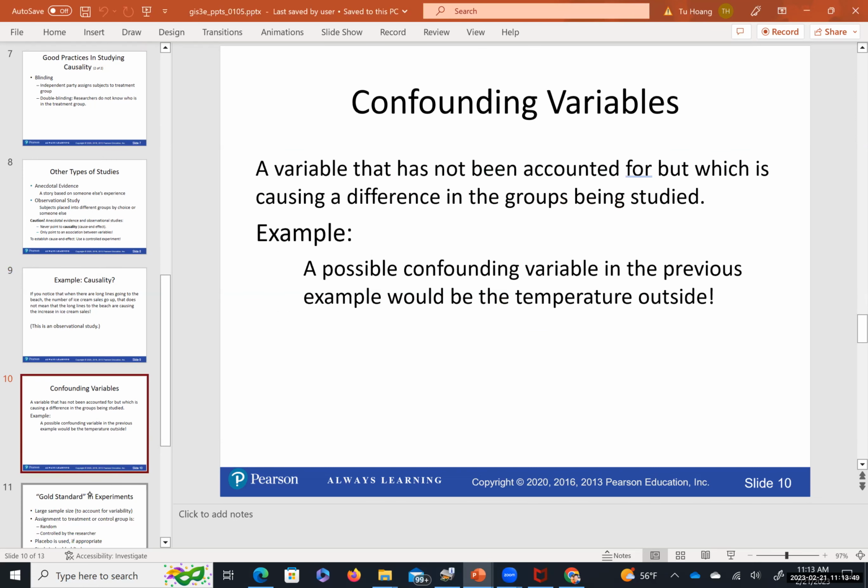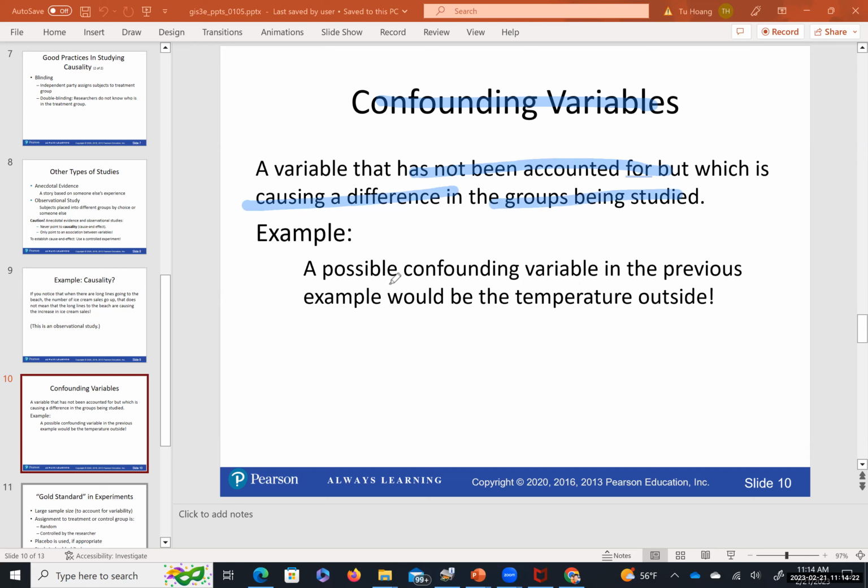Confounding variables, variables that has not been accounted for, but which is causing a difference in groups being studied. So has not been accounted for, causing a difference in the group being studied.